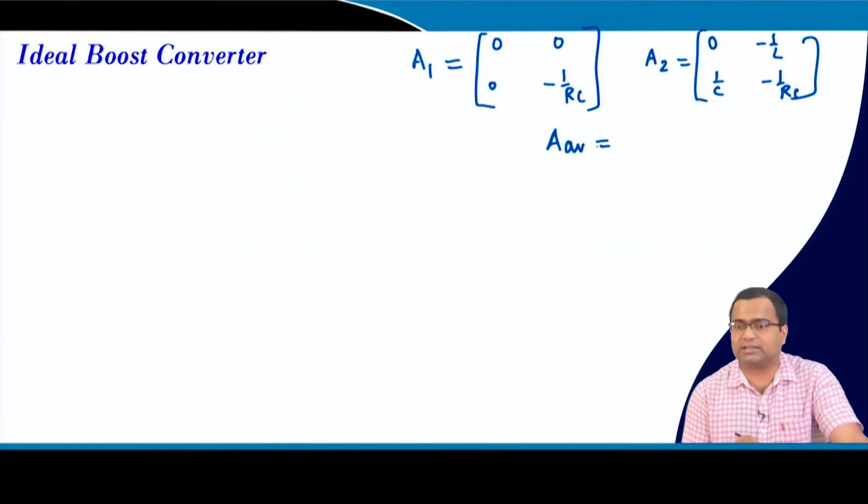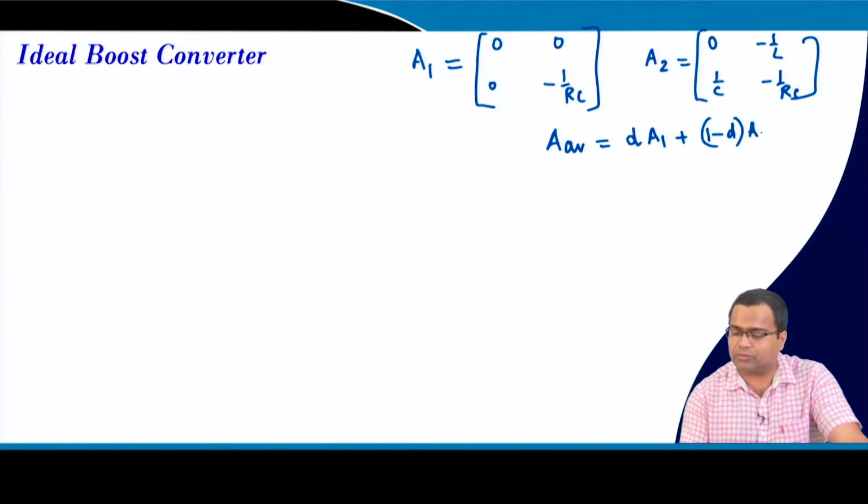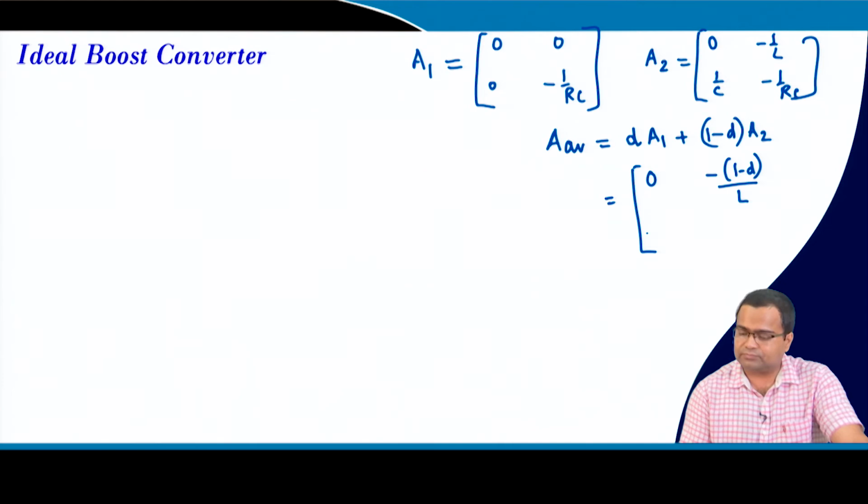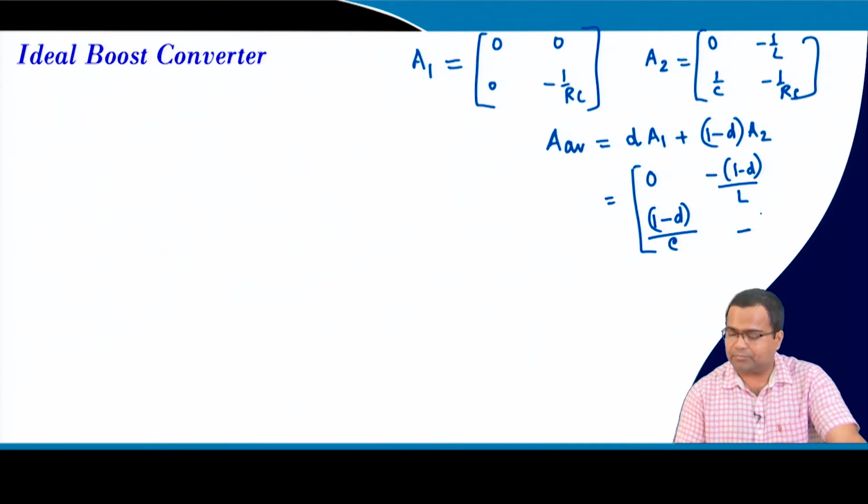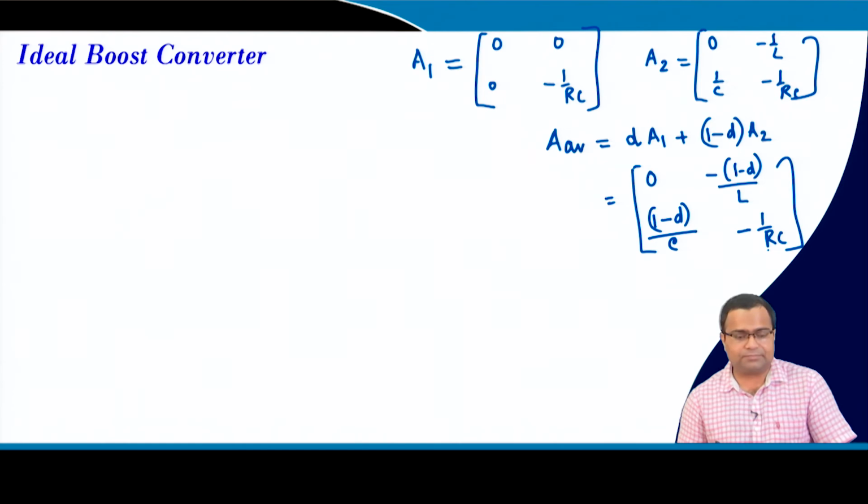A average is nothing but D into A1 plus (1 minus D) into A2, which we can write as 0, minus (1 minus D) by L, (1 minus D) by C, minus 1 by RC, correct?